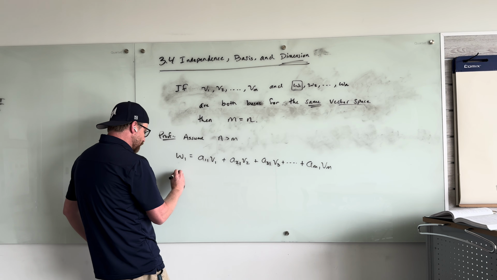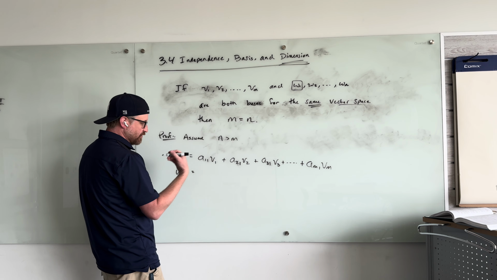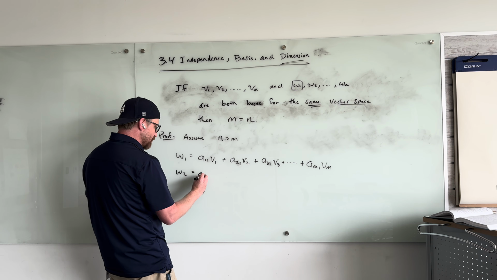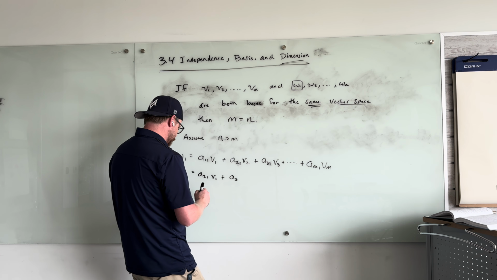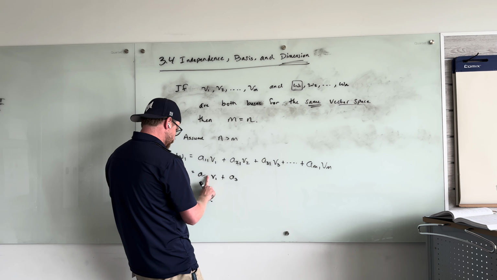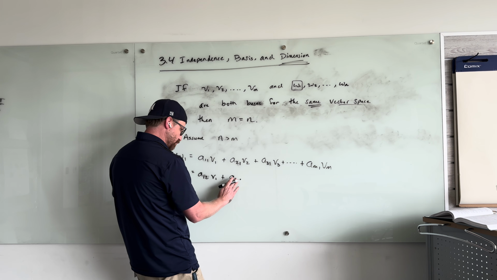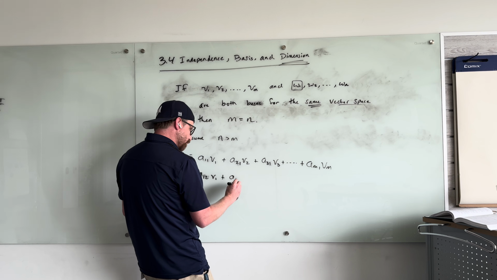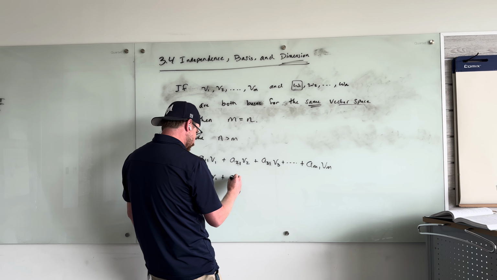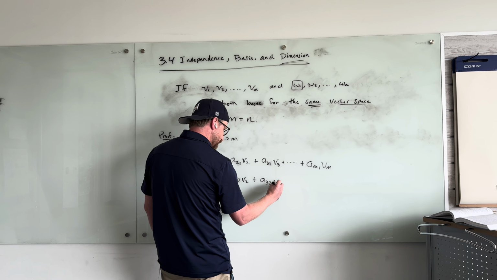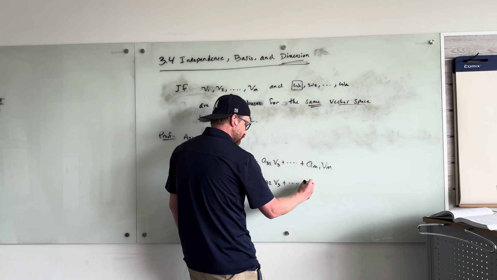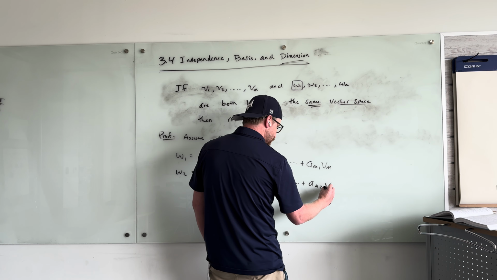If I want to create W2, I would do that using the scalars A12 V1 plus A22 V2 plus A32 V3, all the way down until I get to AM2 VM.